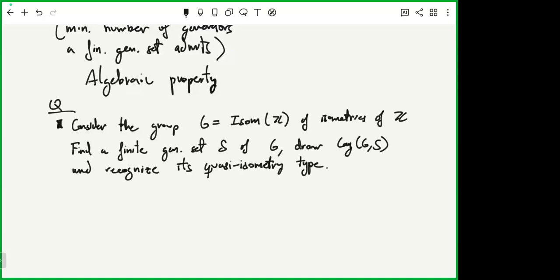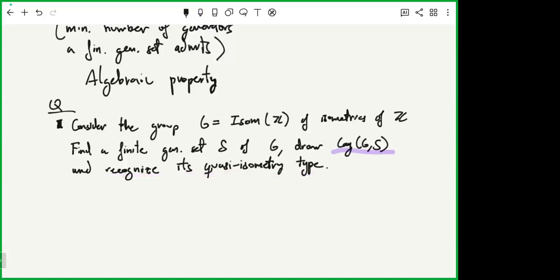So you're given a group, the isometries with composition. This exercise consists of first finding a generating set, symmetrizing it, and representing the Cayley graph. Then you can compare this graph with something you have already seen, so you can recognize which space it is quasi-isometric to.